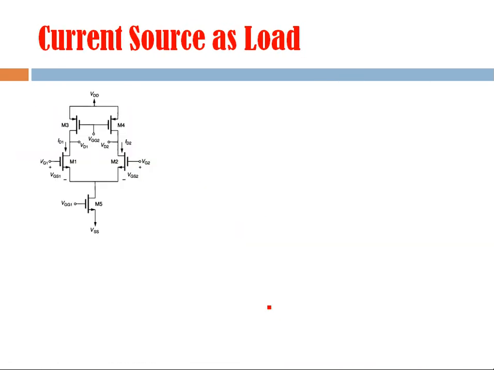Now see what happens when we use current source as a load. This current source can be modeled by a simple high value resistance, right? So they are offering very high resistance, and this resistance is actually the resistance between drain and source terminal of this device, right? In the same way this device will also be replaced by its equivalent resistance, that is resistance between drain and source.